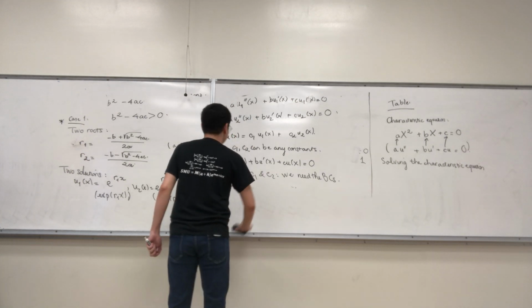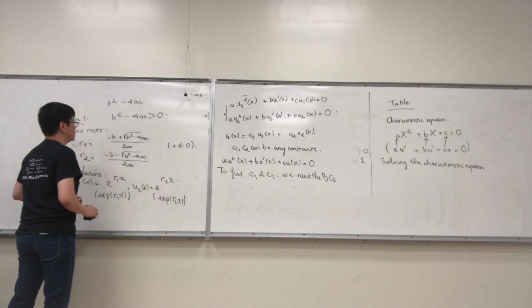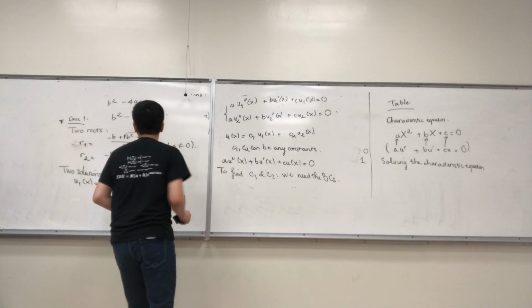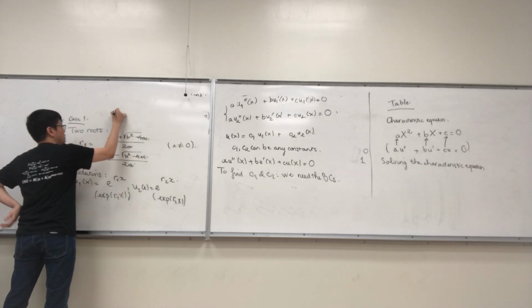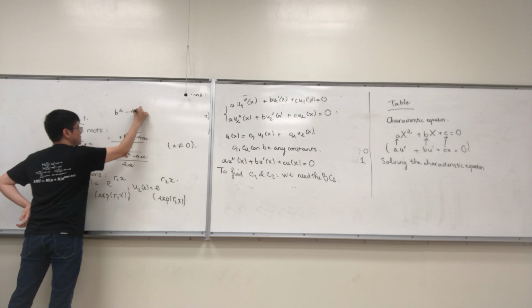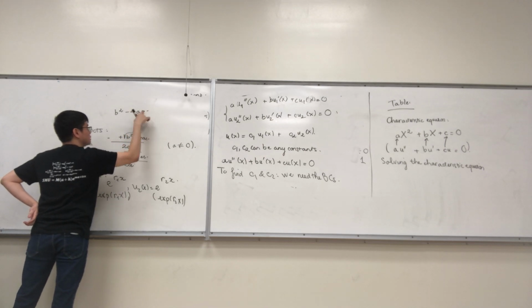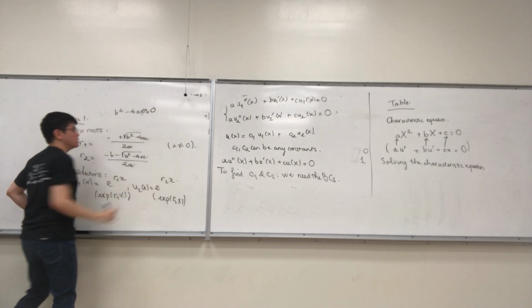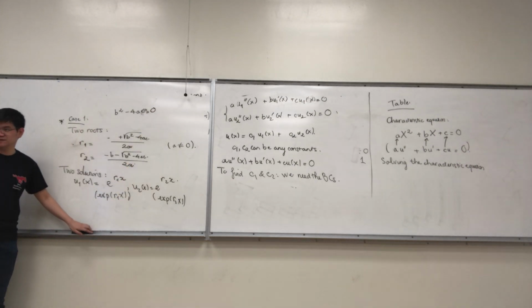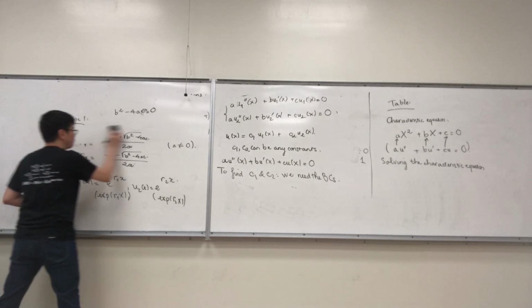So case number 2. B squared minus 4ac is 0. So how many roots do we have in this case? One, right?